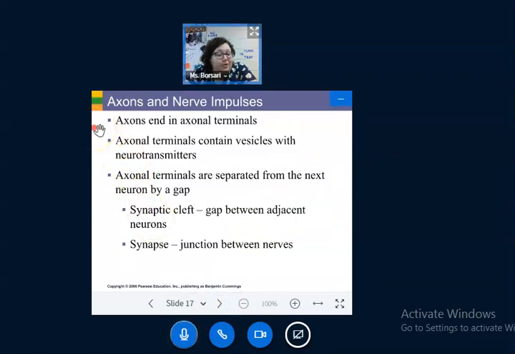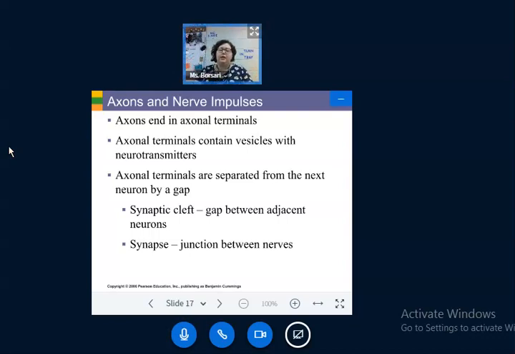So some information about our axons. Our axons allow for us to have nerve impulses, to have these responses to our environment. Axons are going to end in axonal terminals. A lot of times people think of terminals like the terminals of an airport.